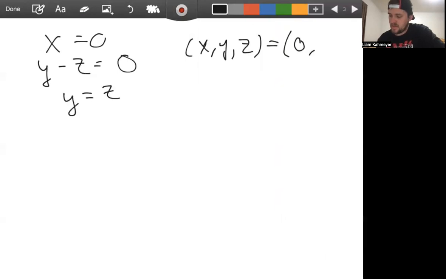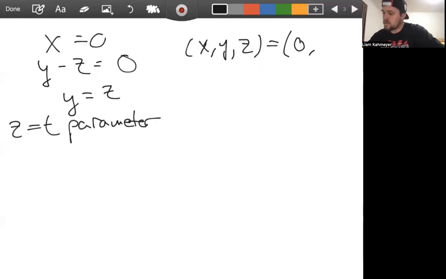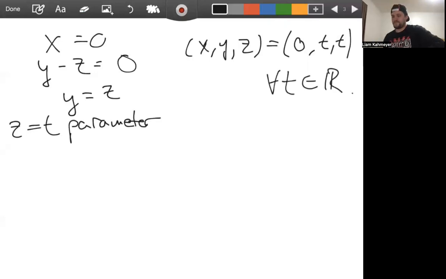So we'll say z equals t is our parameter representing the free variable. And so then our solution set would be the set of points (0, t, t) for all t in the reals. So this would be a solution to this homogeneous system.